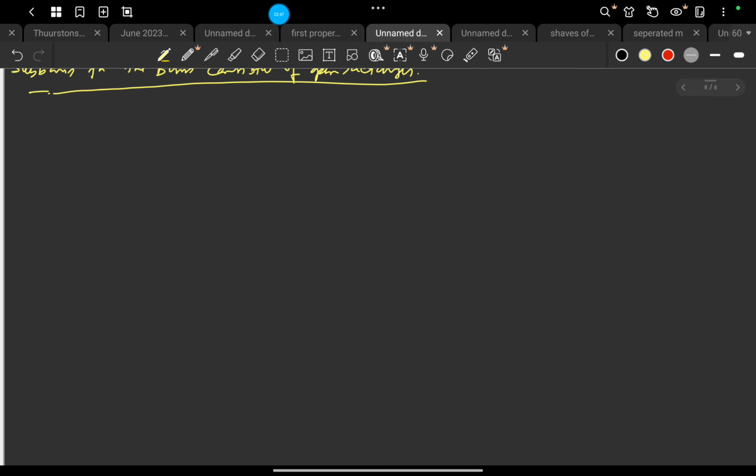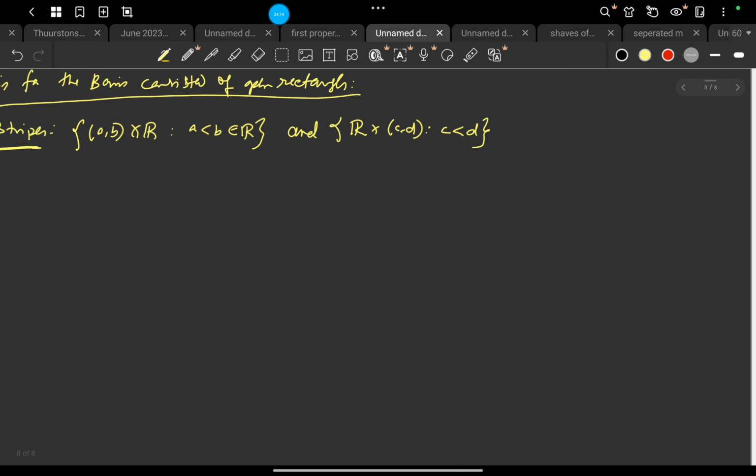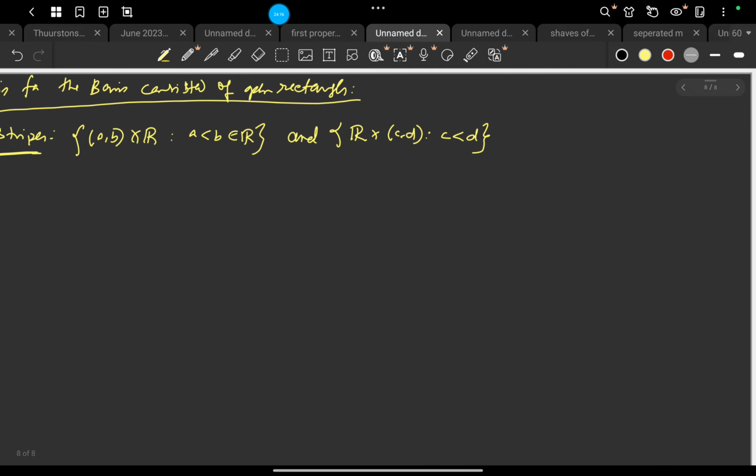So what are the open stripes? The open stripes are of the form (a, b) × R such that a < b belong to the real numbers, and R × (c, d) such that c < d. So open stripes are basically of this form.